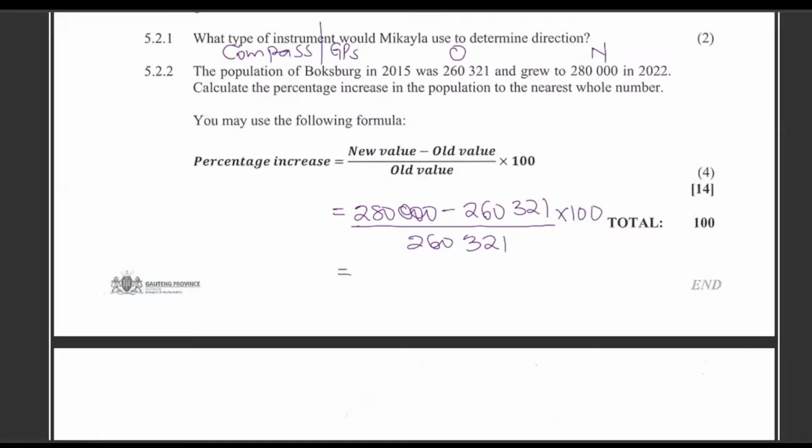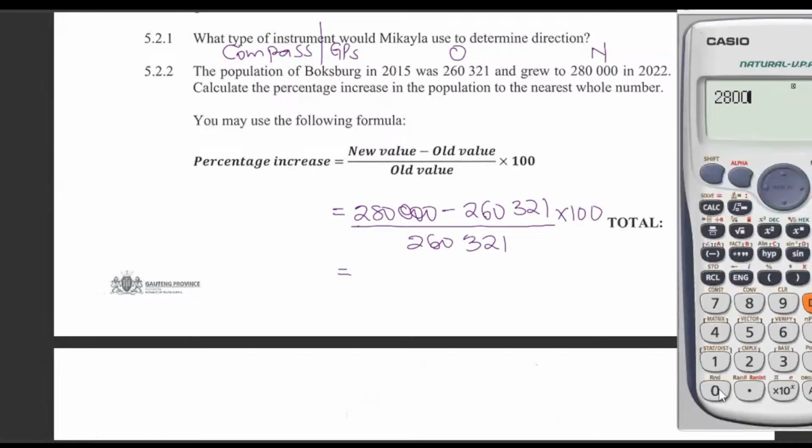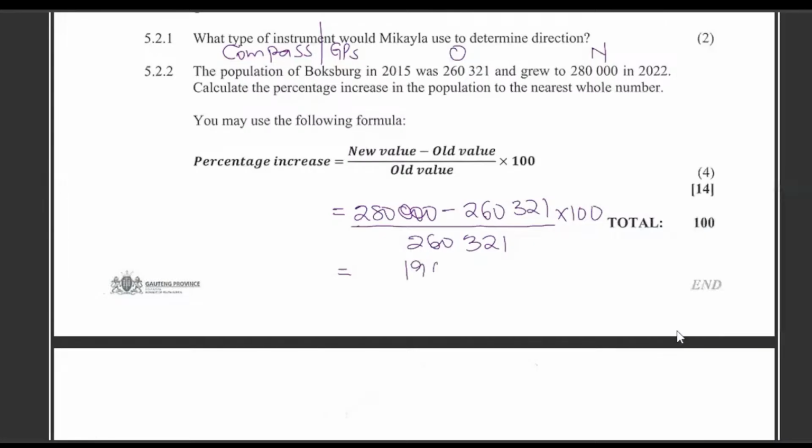Then if you go further and you subtract, simplify, 280,000 minus 260,321 equals what? We have 19,679. 19,679 divided by. So usually you get a mark for this. This is called simplification. Substitution.